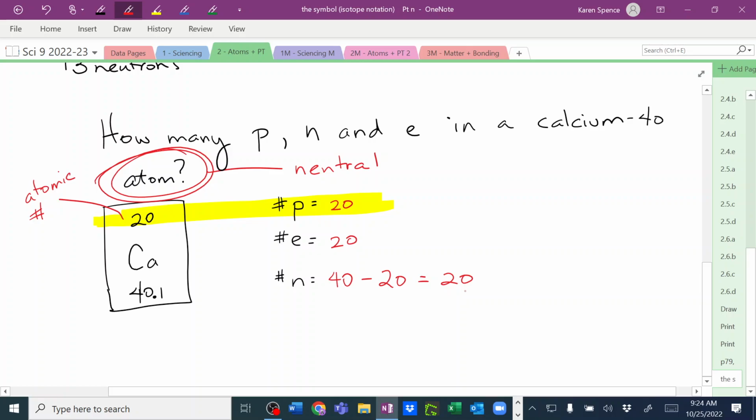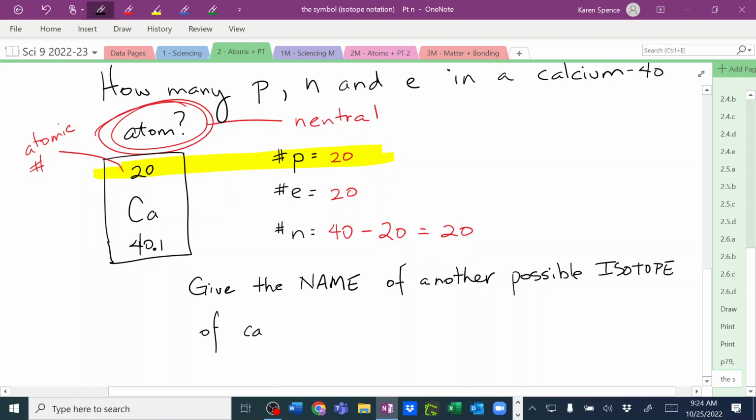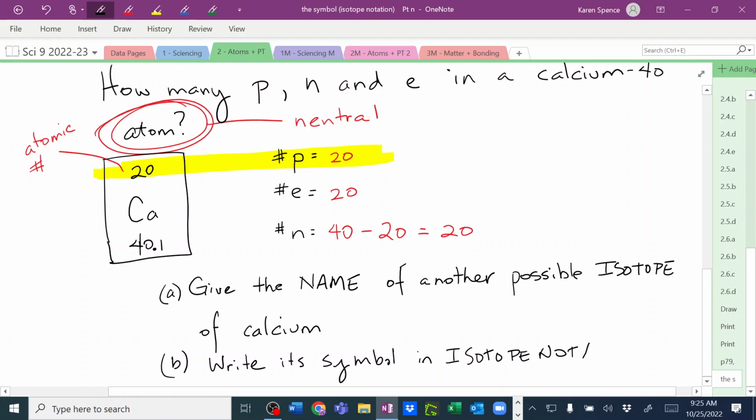I would like you to give me the name of another possible isotope of calcium. So you're going to give the name of another possible isotope of calcium.